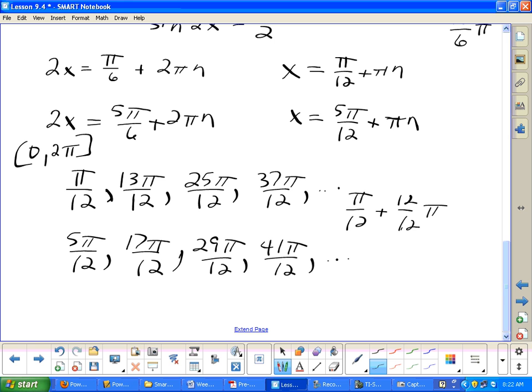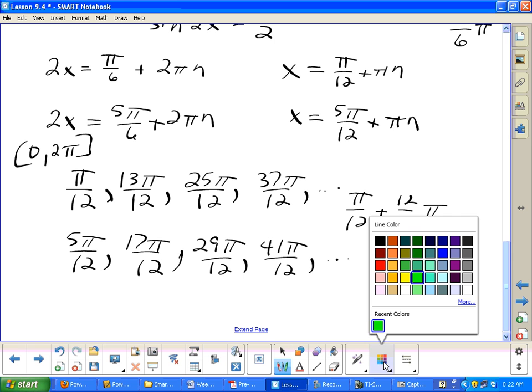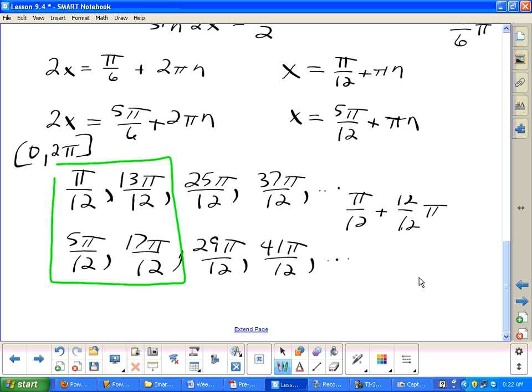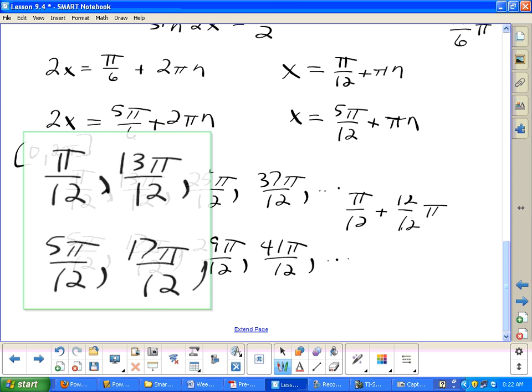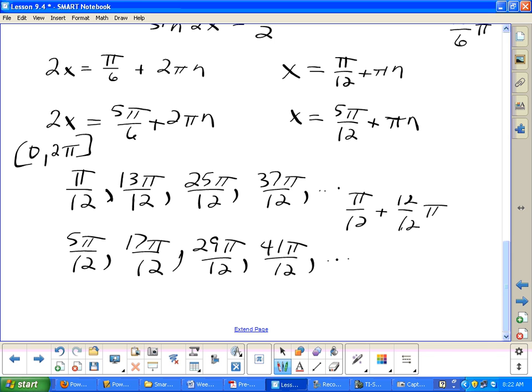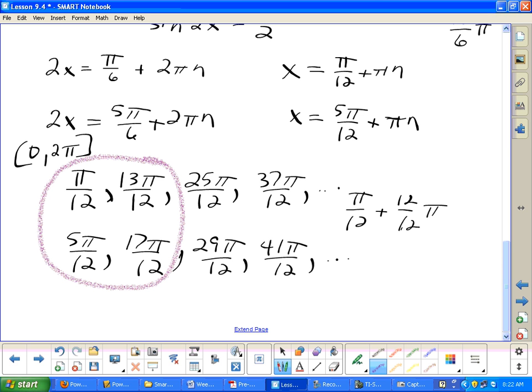So my answers here are going to be, whoa, hey, look at that. Just those 4 numbers there. Because the rest of them are bigger than 2 pi. Okay, so that's one process of doing this, finding those answers. So these are my answers for this problem. All right.